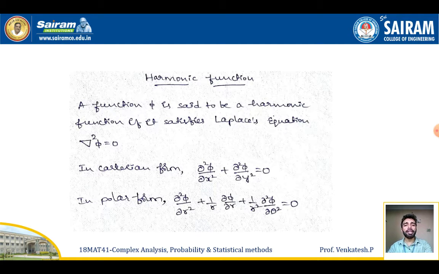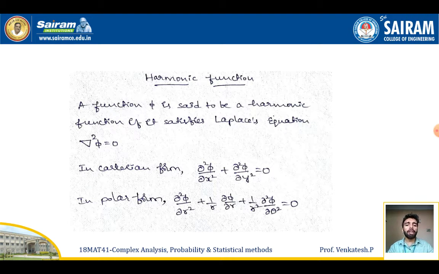A function phi is said to be a harmonic function if it satisfies the Laplace equation, del square phi is equal to 0. Then we can say the function phi is a harmonic function. In the Cartesian form, we have dou square phi by dou x square plus dou square phi by dou y square is equal to 0.